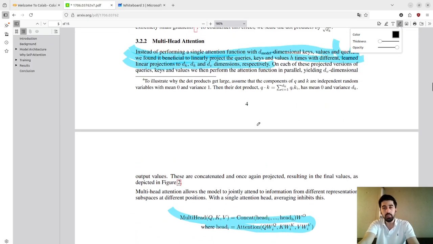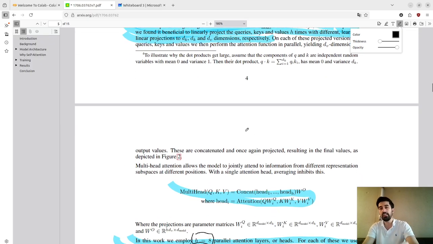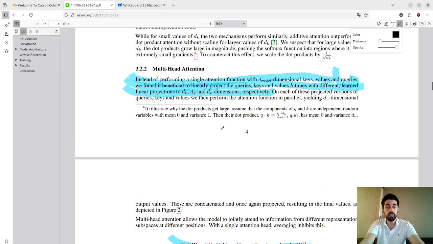So the way it would be done is that instead of doing just one attention, you would do 8 attentions in parallel. As I explained earlier, we calculate the query, the key, and the value.